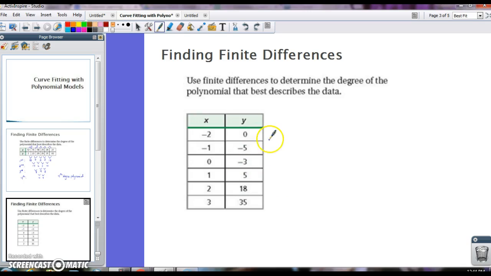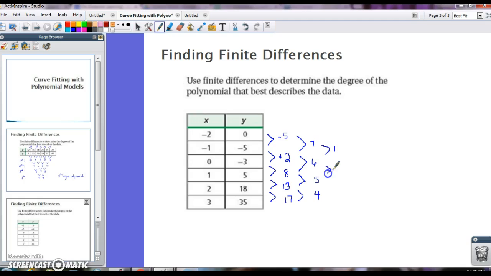So if I'm finding the difference, I have -5, -2, I'm sorry, +2, that's a positive there, +2, then 8, and then 13, and then 17, then I have 7, 6, 5, and 4, and then I have 1, 1, and 1.